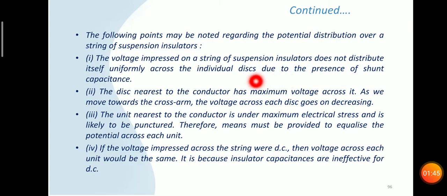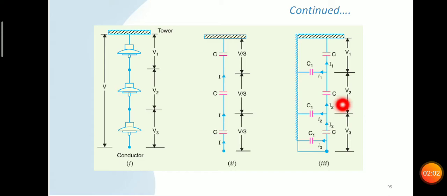So, the voltage impressed on a string of suspension insulator does not distribute uniformly across individual discs. The discs nearer to the conductor have maximum voltage across them. As we move towards the cross arm, the voltage distribution decreases.